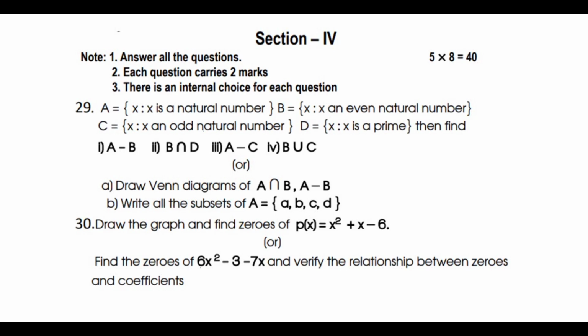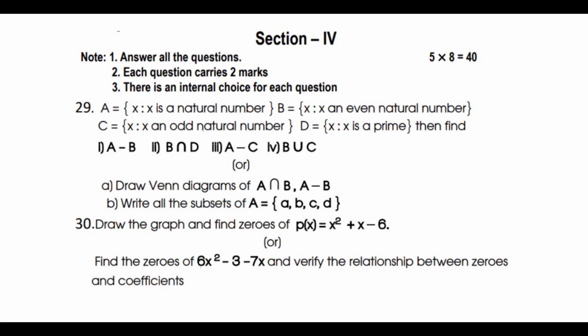This model question we have in the textbook, so please refer to the textbook. Natural numbers you write like 1, 2, 3, 4, and so on. Even numbers like 2, 4, 6, 8, and so on. Odd numbers like 1, 3, 5, 7, and so on. Prime numbers you write 2, 3, 5, 7, and so on.